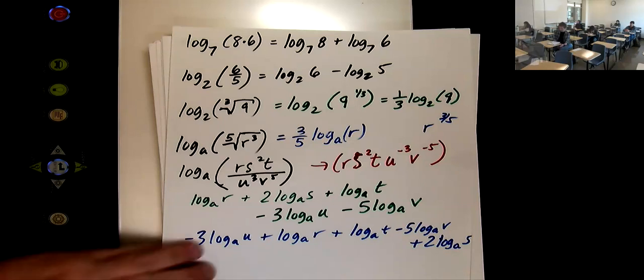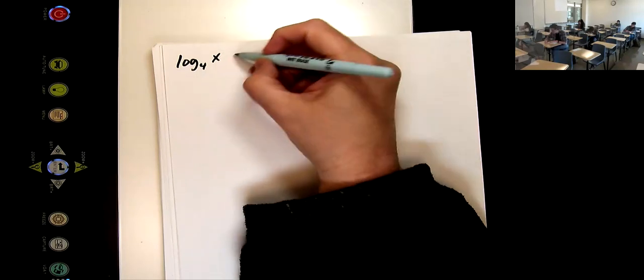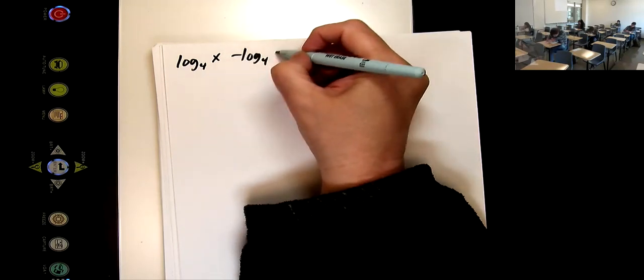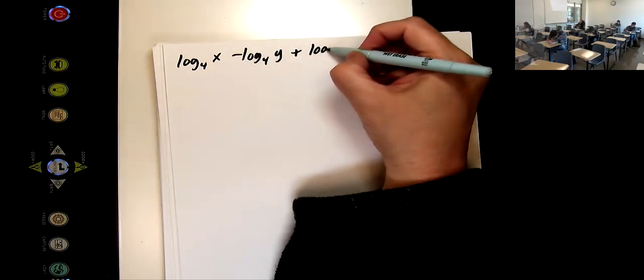Let's do some practice going the other way. Let's say you start off with log base 4 of x, and you subtracted log base 4 of y, and you added log base 4 of z.